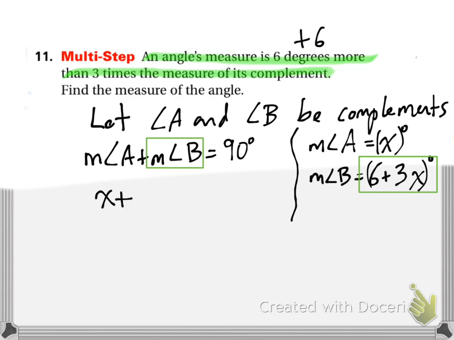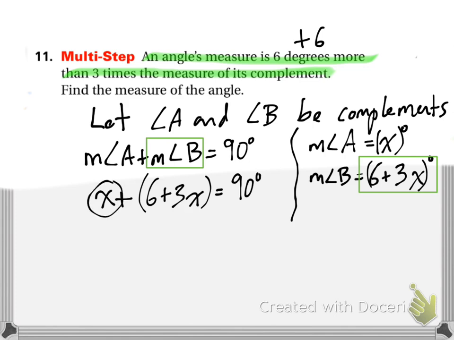And I don't expect you to be able to get this on your own at this point, but I want you to start following along what's going on here. So, like I said, we're going to replace that with 6 plus 3x. Just try to make sense of it. Don't try to memorize steps, because, like I said, no two problems are going to be alike. You can't memorize it.